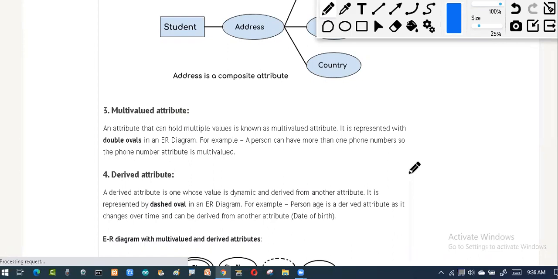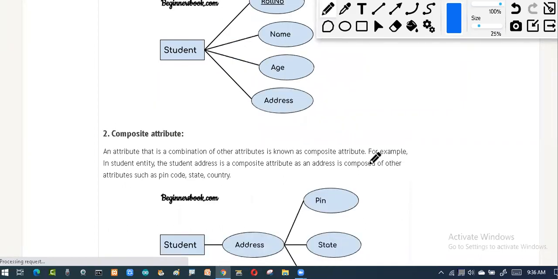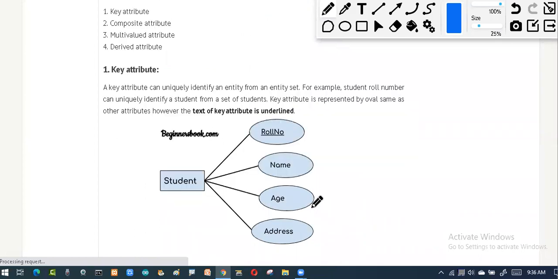Now suppose we have these attributes: roll number, name, age, address. How am I going to identify the derived one? The age can be considered. The age changes yearly. This year I am 20, and next year I will be 21. So the age keeps changing. How is it changing? Depending upon the date of birth.